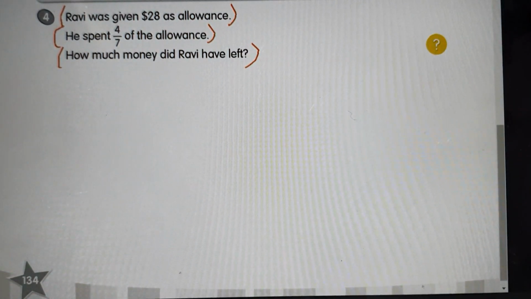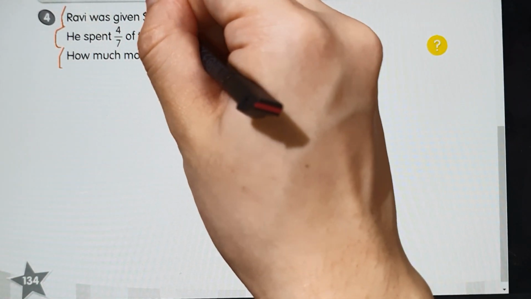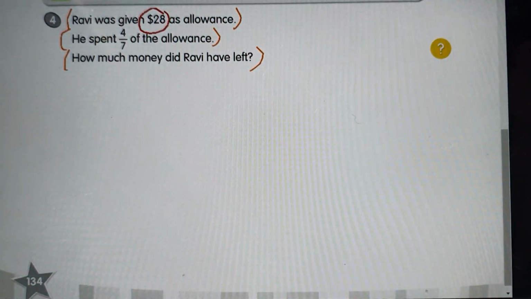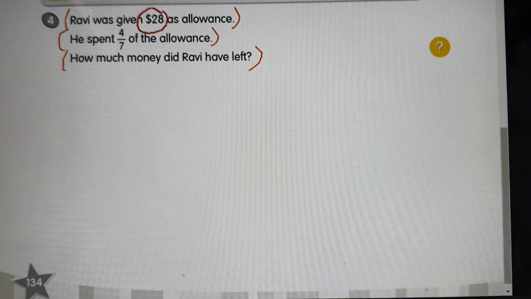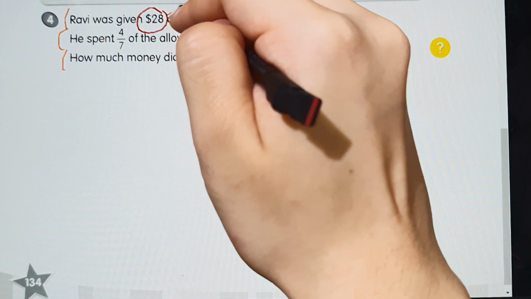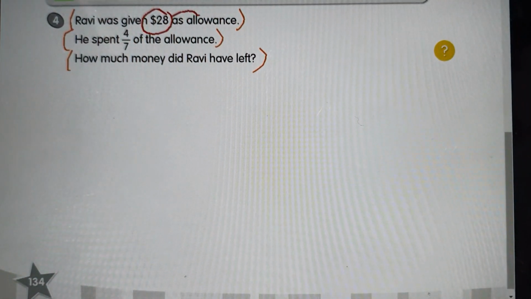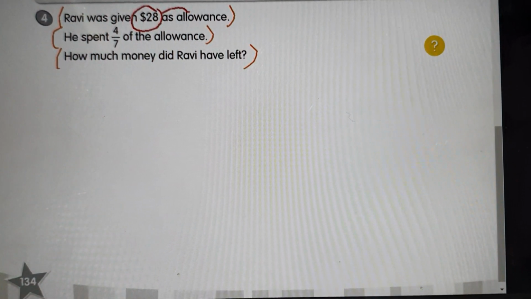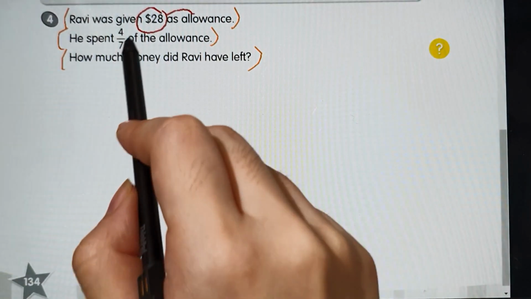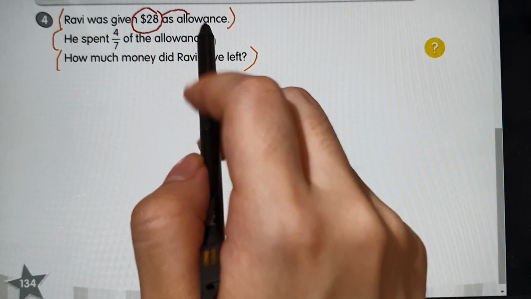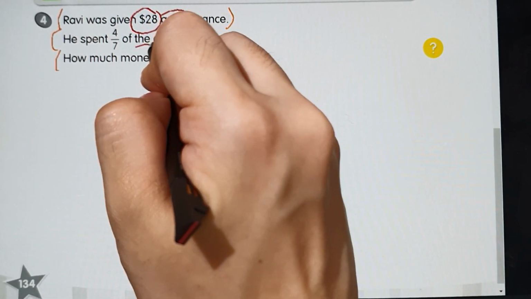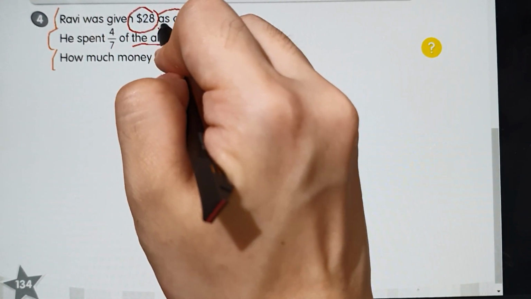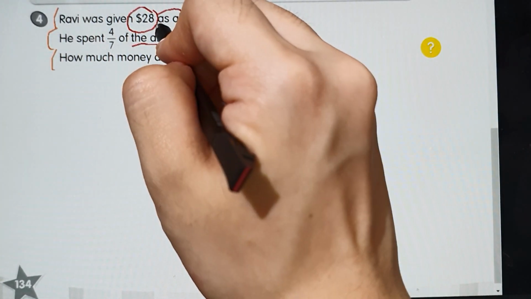Okay, so what does $28 represent? Good, it represents the allowance that he has. Okay, so he spent 4 out of 7 of the allowance. So I already know that $28 represents the allowance. So I know that the allowance here actually means $28.